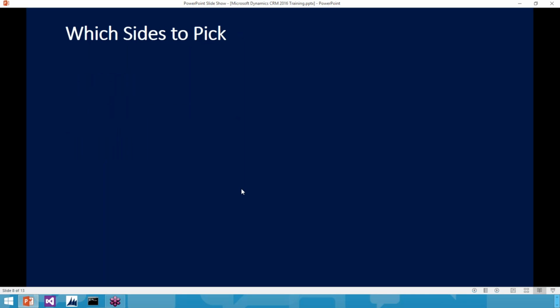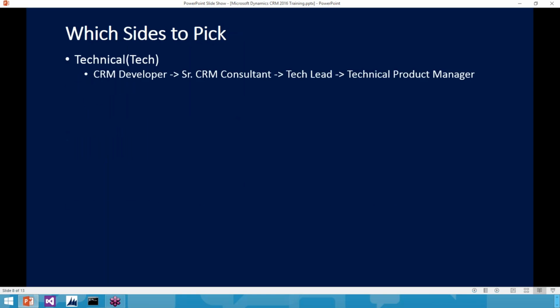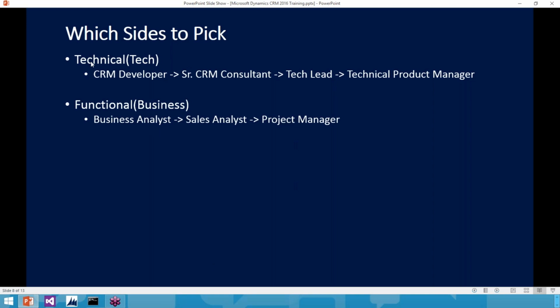All right, so which side to pick in CRM? There are two different sides in CRM. One is technical and the other one is functional. And the third one is a mix of both technical and functional. So if you go with the technical route, this is the route you can go.